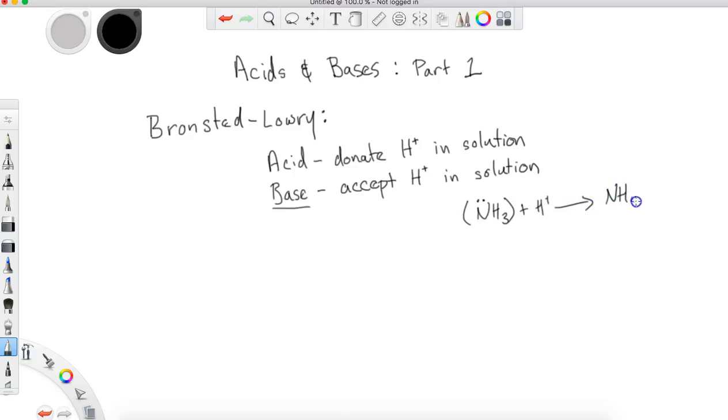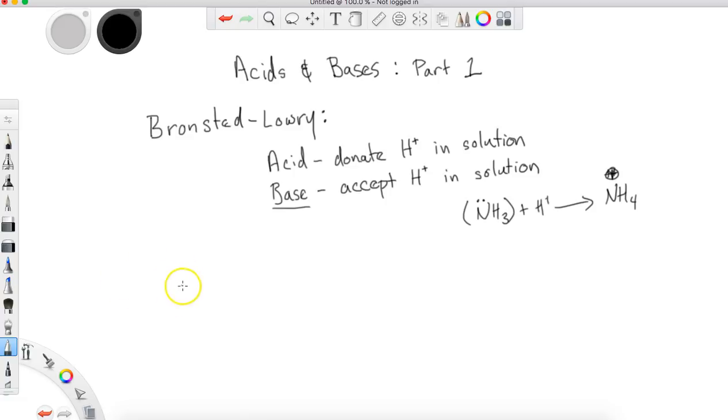So with the Bronsted-Lowry definition, I get a much larger range of what can be considered an acid and a base, which is good when I'm trying to capture a lot of different substances and classify them as acids or bases.